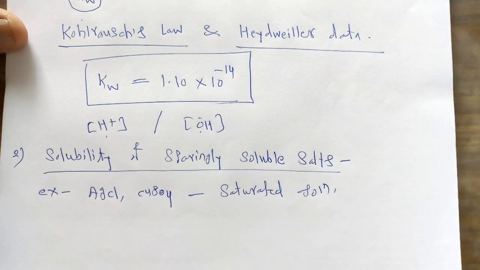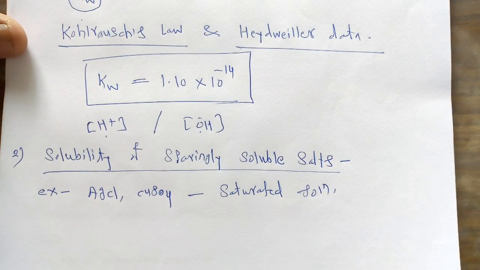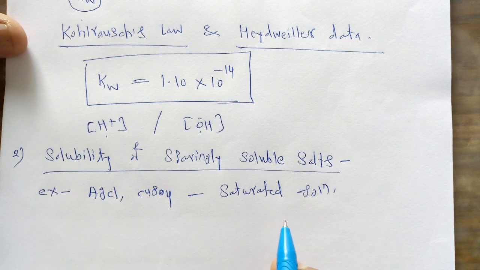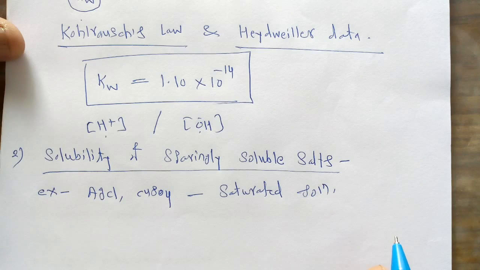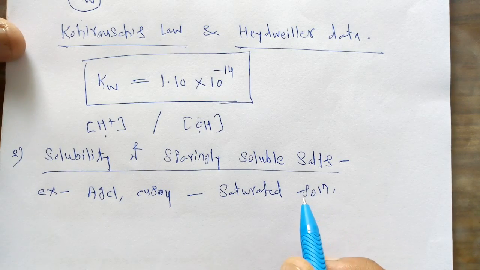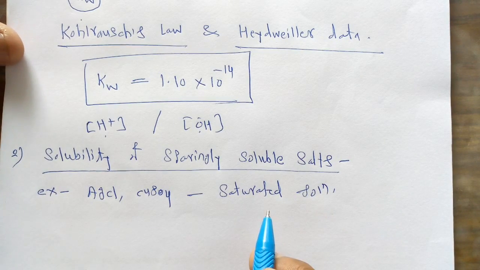Then we have to prepare the saturated solution of the salt in water whose specific conductance is already known. Means we have to consider such water whose specific conductance is already known to us.